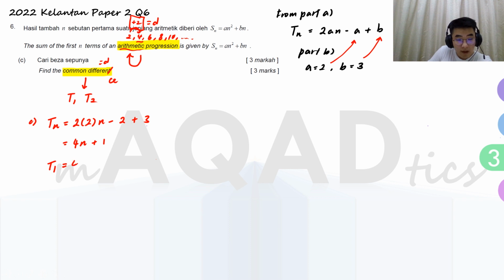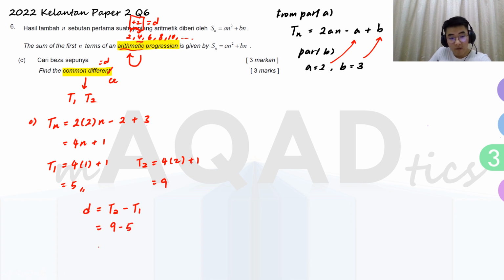For n, we sub 1, so we will get 5, and for T2, we sub 2 into n, so we will get 9. To find the common difference, remember, T2 minus its previous value, which is T1. So here, 9 minus 5, so our difference would be 4. And with that, we have completed today's question.